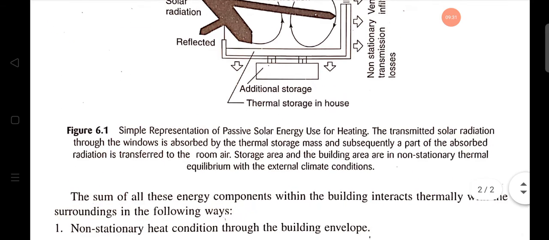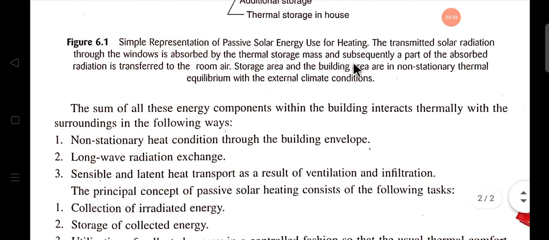Then what happens is that the sum of all these energy components within the building interact thermally with the surroundings in the following ways.